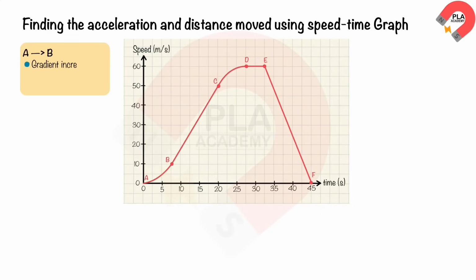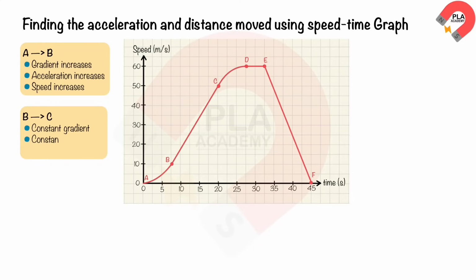Between A to B shows that the gradient is increasing, so the acceleration is also increasing and the speed increases. Between B to C shows that the gradient is positive constant, so the acceleration is also constant and the speed increases. We can find the constant acceleration by the gradient of graph. We draw a right triangle.